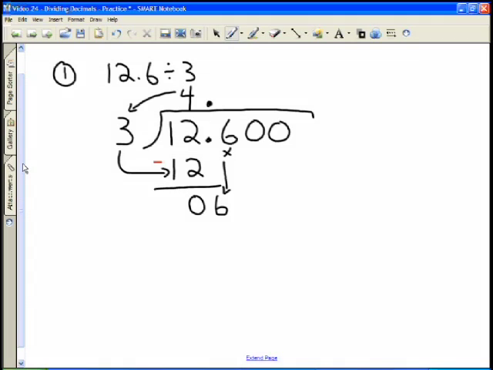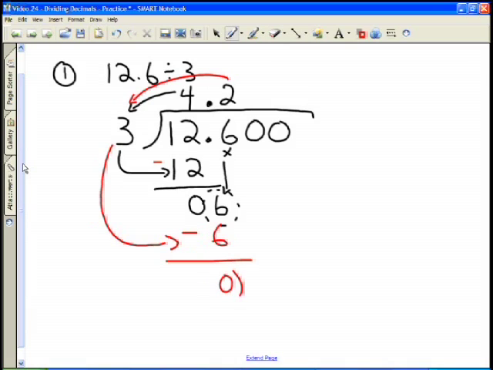Now how many times does 3 go into 6? And 3 goes into 6 2 times. And now we multiply 2 times 3 is 6. We write it underneath and subtract, and 6 minus 6 is 0. So we know then that 12.6 divided by 3 is equal to 4.2.